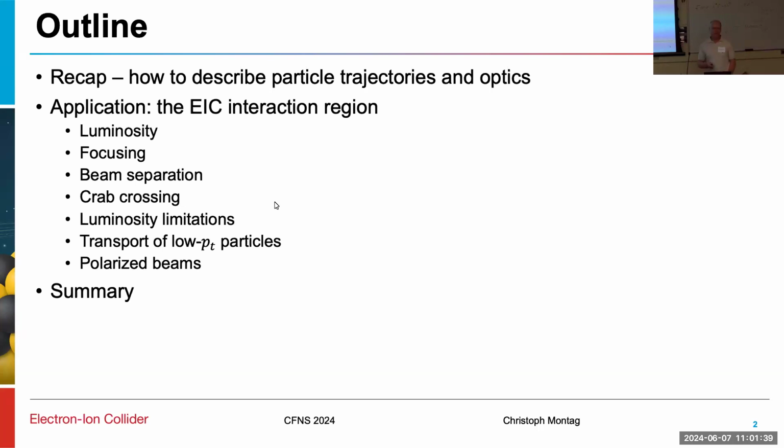And then we apply all that to the point of the machine where you hopefully are most interested, that's the interaction region. So we go over things like luminosity, focusing, beam separation, crab crossing, luminosity limitations, transport of low PT particles through the interaction region, and then polarized beams and a summary.